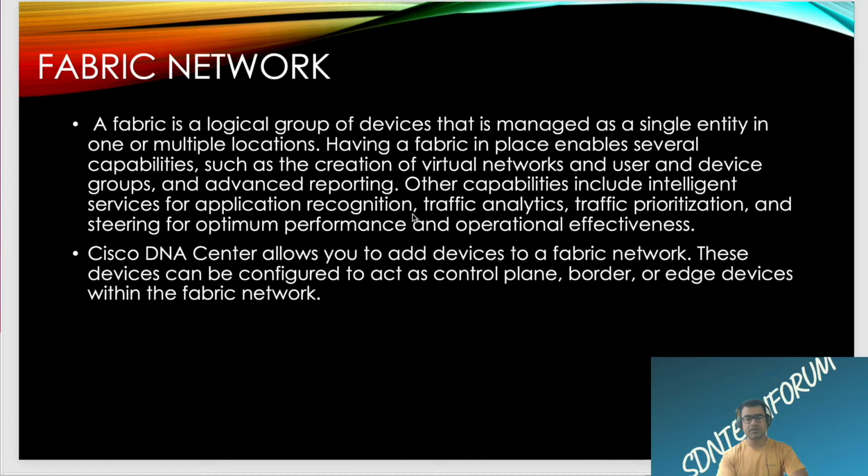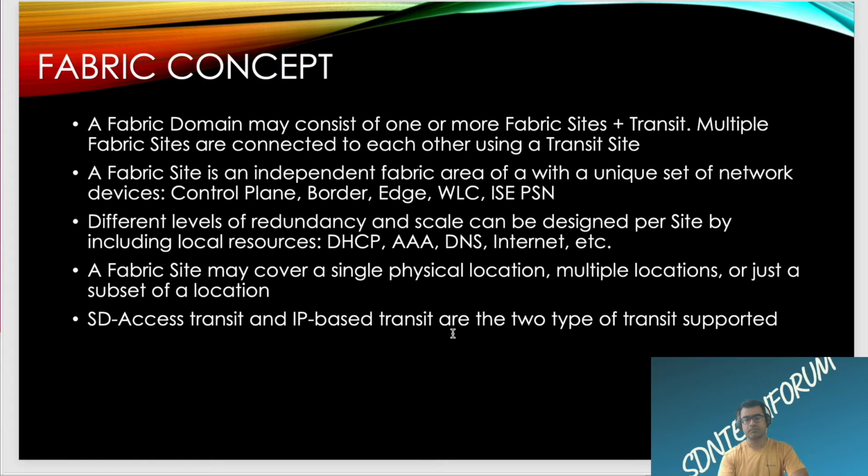Cisco DNA Center allows you to add devices to a fabric. That is a part of the workflow. These devices can be configured to act as control plane, border, or edge nodes within the fabric network. These are the roles played by devices, and based on the role, they get different configuration.